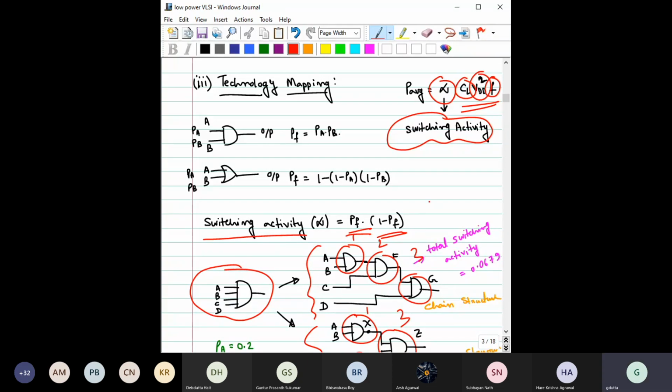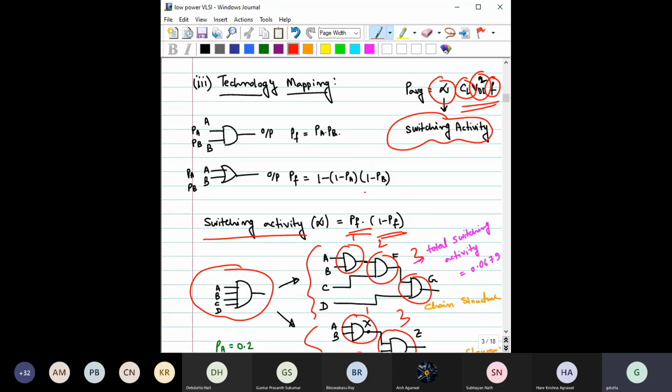Power will be consumed in a CMOS circuit when the capacitor is charged, right? Then only power will be taken from this VDD source. The capacitor is charged when there is a transition from 0 to 1 at the output.